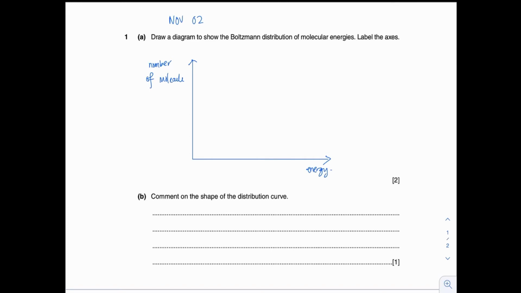So this Boltzmann distribution curve is an asymmetrical distribution curve. So it will look like this, for example. Alright, you need to know a few concepts. The area under the curve represents the total number of molecules with energy.